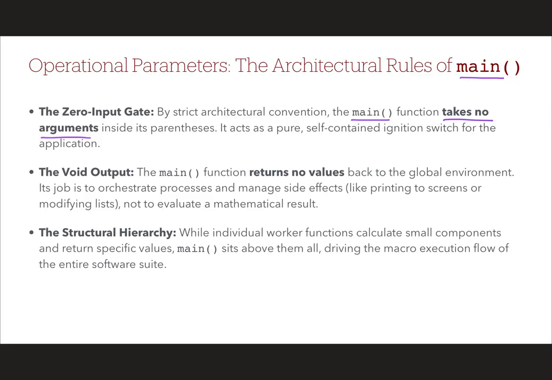When you get experienced, you may provide some arguments even to the main function. But as of today, the main function takes no arguments from the user. And at this point, the main function does not return any value. So you just type main with parentheses.